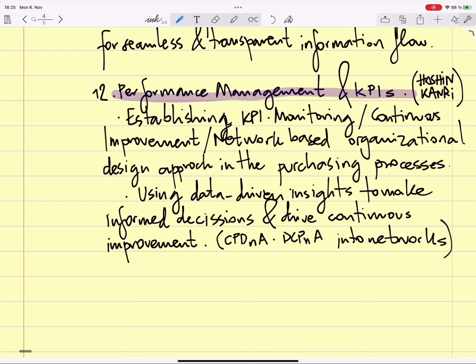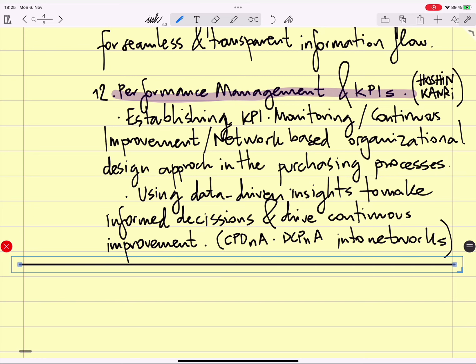And yeah, so basically those are the 12 main aspects. Any questions so far? No. No.